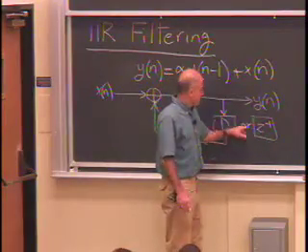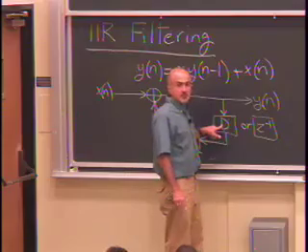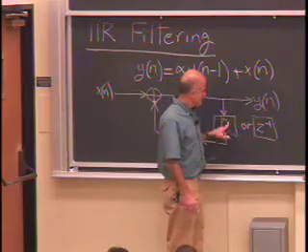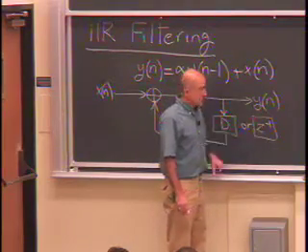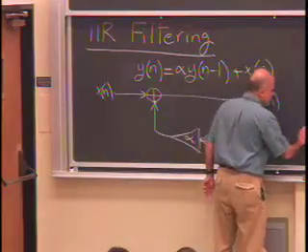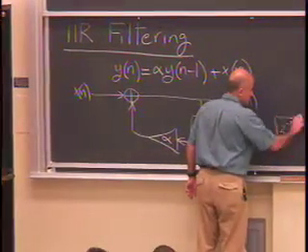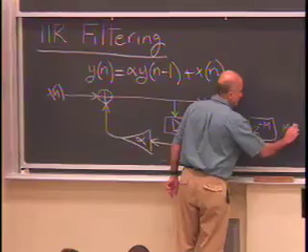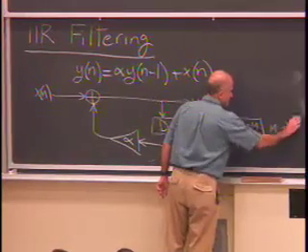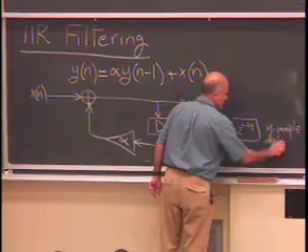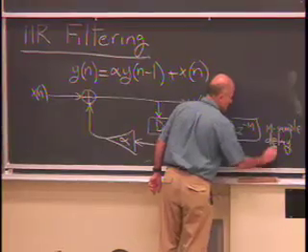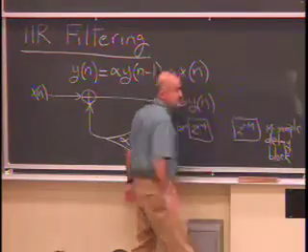A single D is a unit delay block. Z inverse is a unit delay block. Z to the minus m is an m sample delay block, where m is an integer.